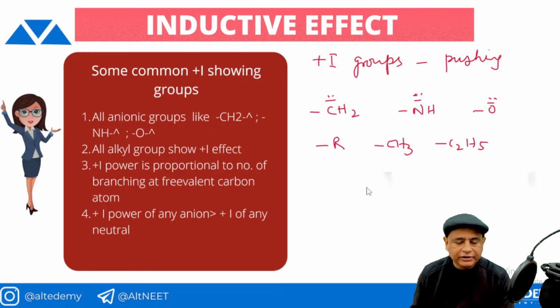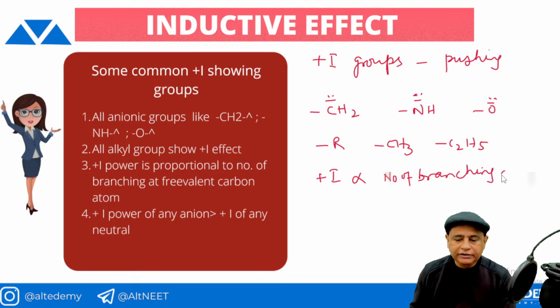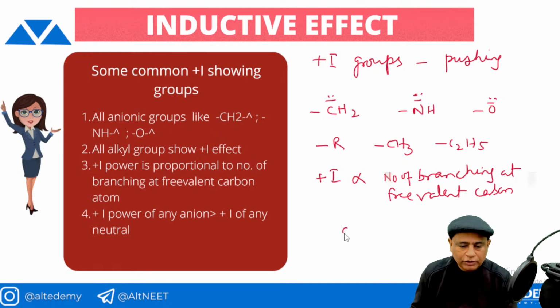On third number, we have written a very important point that plus I factor or power is proportional to number of branching at free valent carbon. I'll just explain what a free valent carbon is. Let us suppose we have a situation like this, and we have a situation like this.